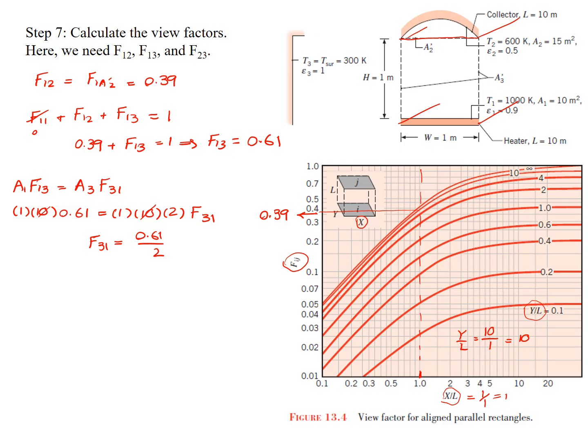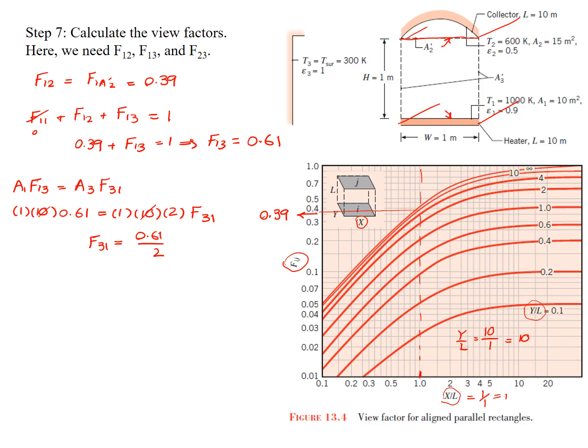But I am thinking of F32, which is related to F23. If I can calculate F32, then I'll be able to get F23 from there. So let's try to get that. We know from symmetry that F31 and F32 prime are going to be the same. 2 prime, remember, was the top surface here, and this is the bottom surface. From the surroundings, these two surfaces appear the same way.